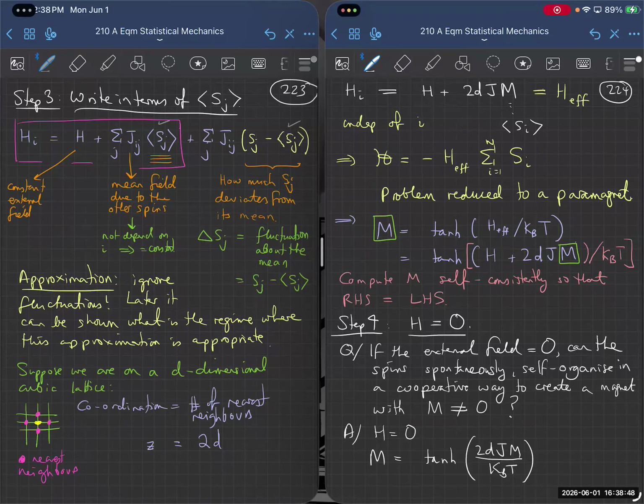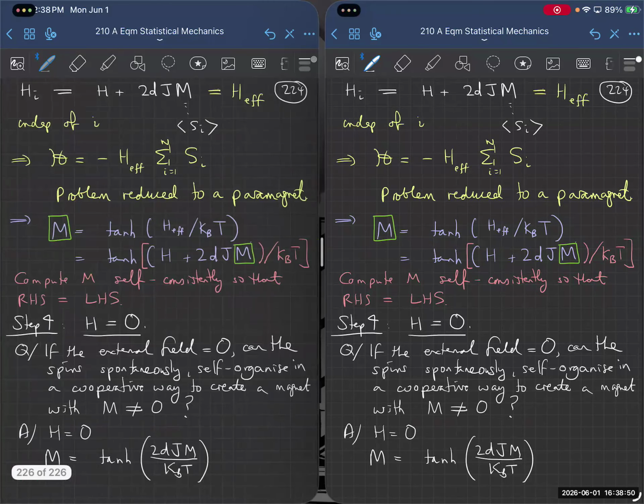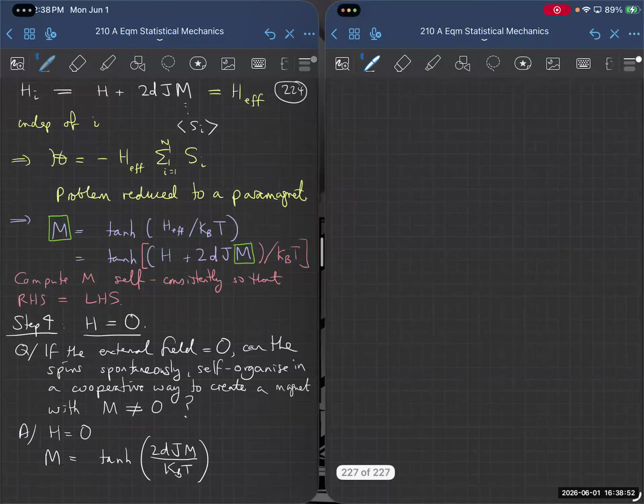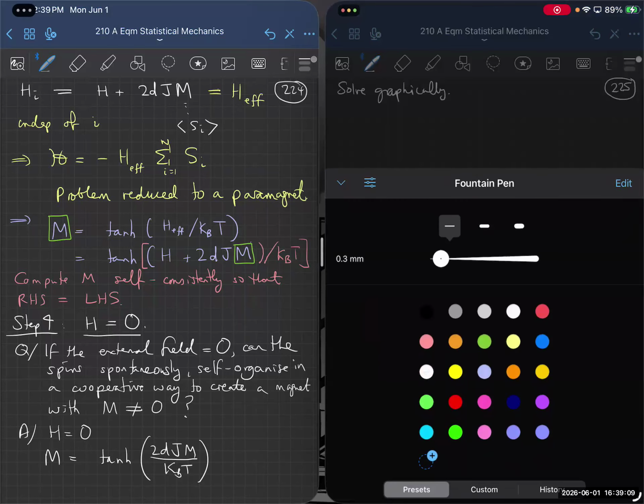And so that's a transcendental equation. So now we need to solve that. We're going to solve that graphically, because we can't solve it exactly. So here's how we do that.